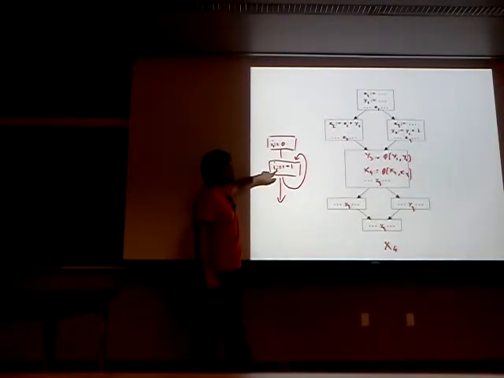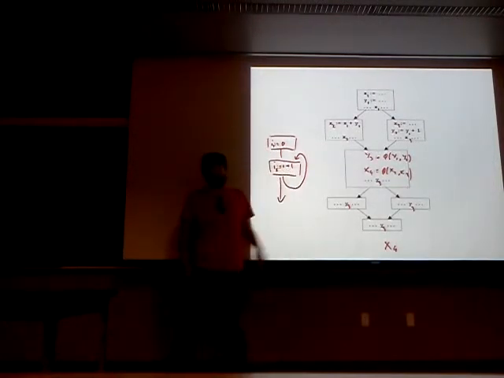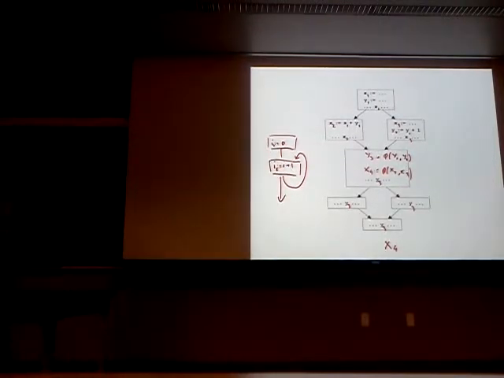So we need a way of merging the i2 and the i1, and the way that we do it is that we merge these two into a phi node up here, into an i3.